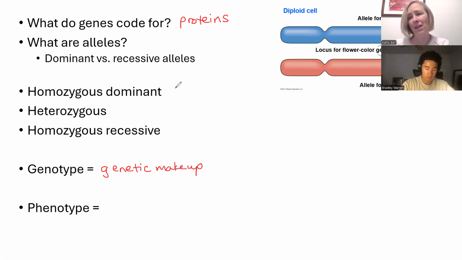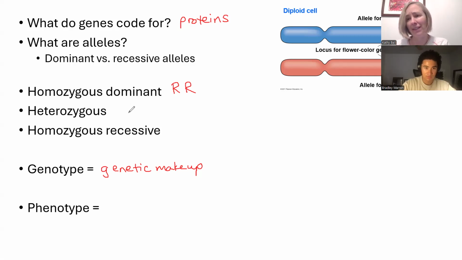What would be the combination of alleles you would have there? Yeah, two capital letters, both of them would be capital. Maybe our gene here we're representing with an R. So you'd have two capital letters.